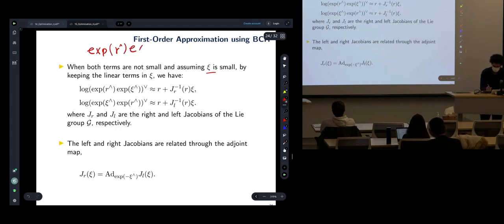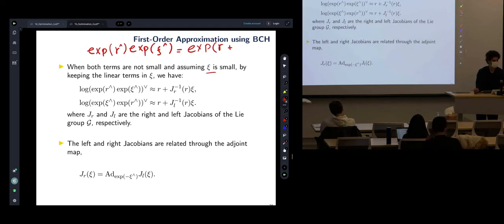What is a first order correction to this R and KC that will approximately give me the product of these exponentials?